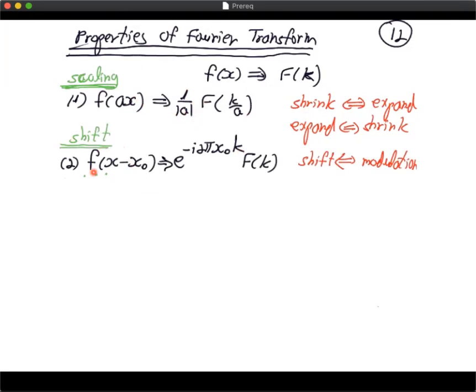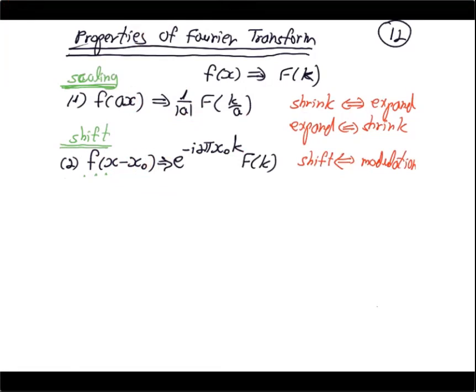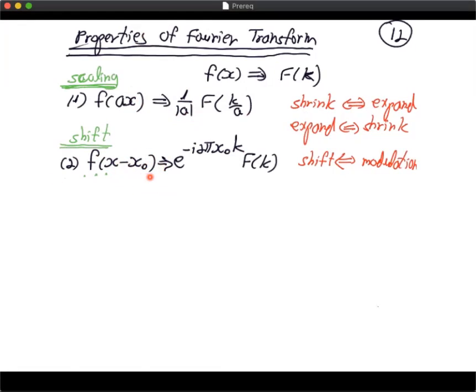And then if I shift, this is an interesting property: any shift in the time domain or the spatial domain would result in a modulation in the other domain. So a shift by x0 would result in a modulation of the frequency domain.